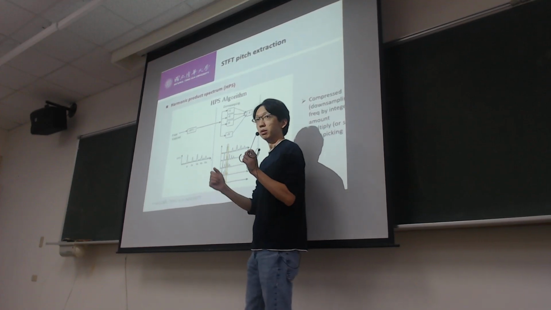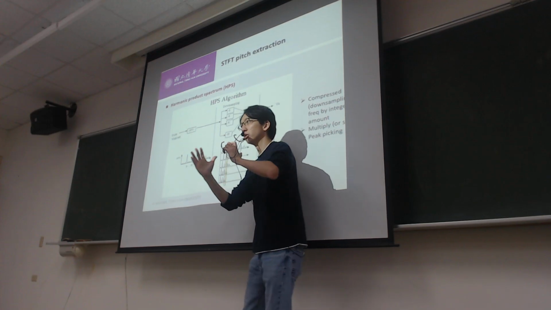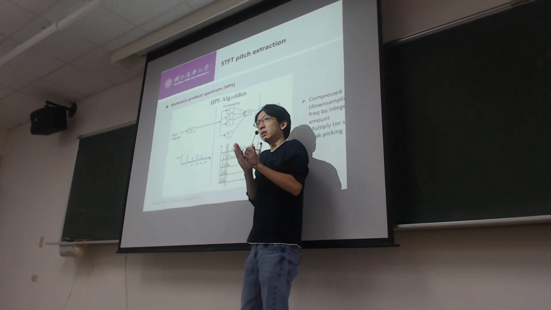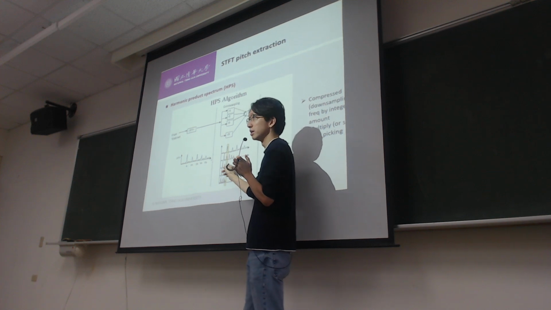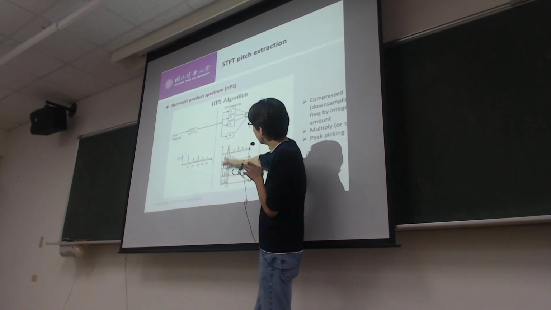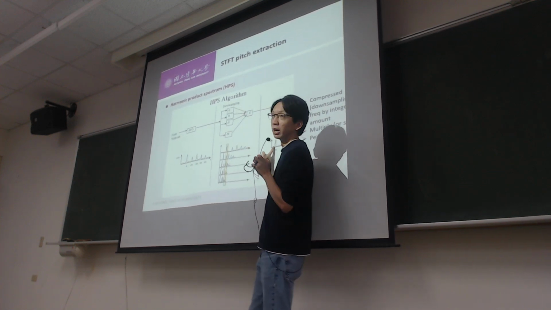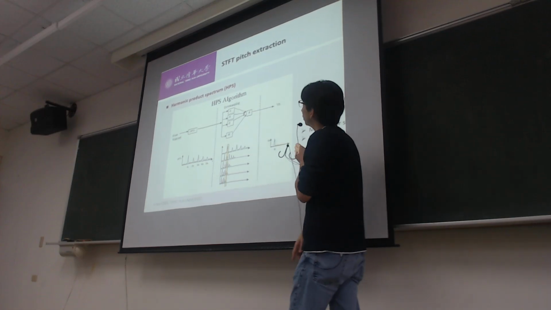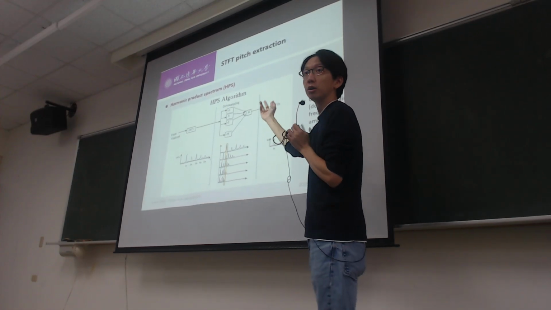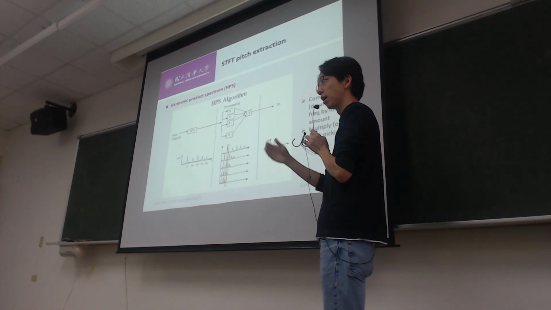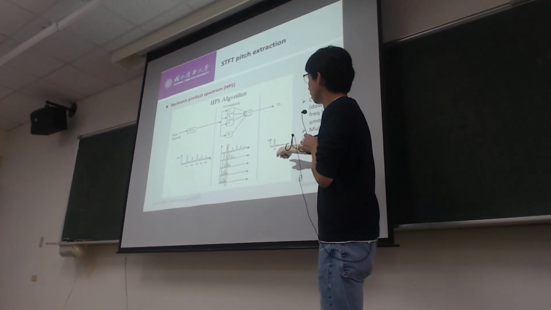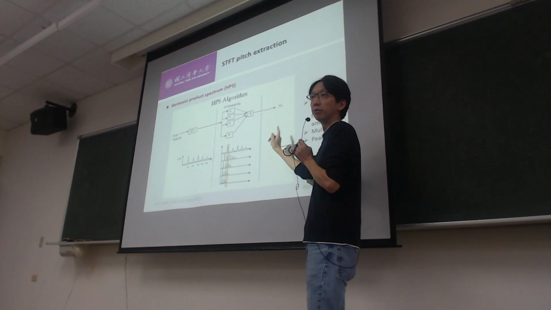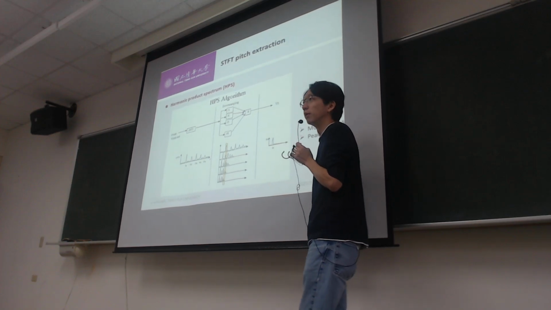As you downsample, the frequency axis shrinks, but that sort of periodic structure still remains the same. Then you multiply across all of them, and you eventually get one peak. We call this the harmonic product spectrum. By downsampling and multiplying through, you pick the highest peak, and the frequency related to that gives you the fundamental frequency.